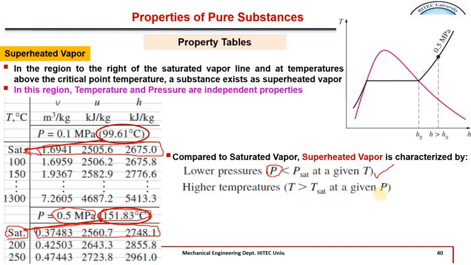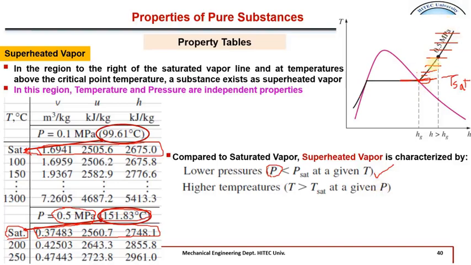At a given P, all these temperature lines are in the superheated region, and all these temperatures are greater than, what is this temperature? This is T sat. So for a substance to be superheated, all these temperatures must be greater than T sat at a given P.